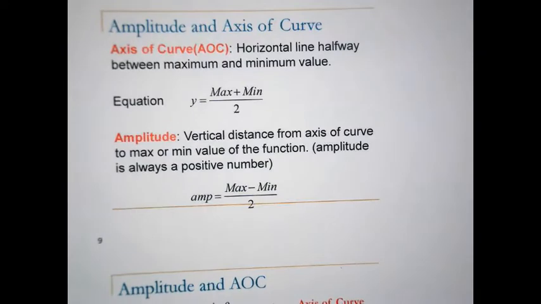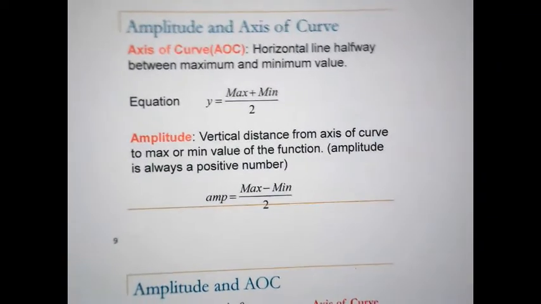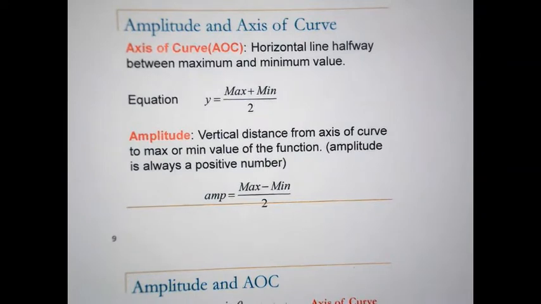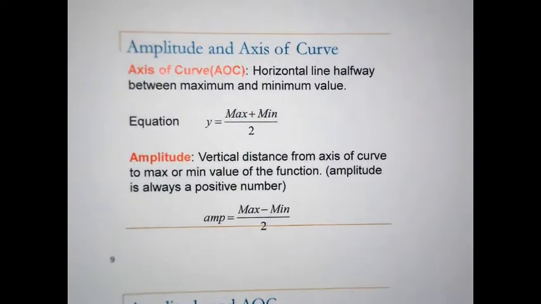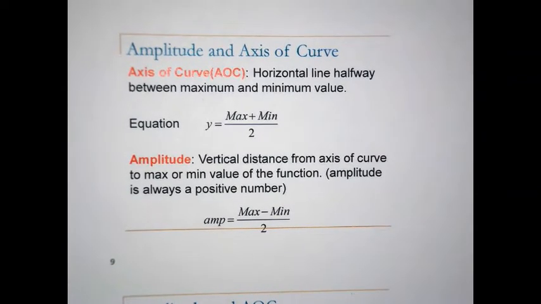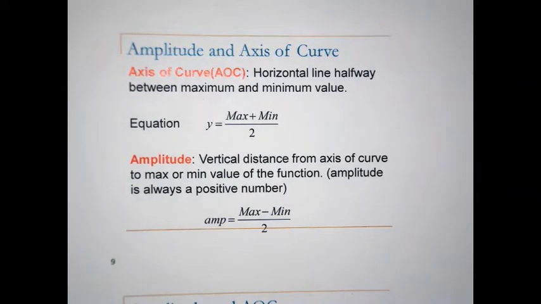Now we are going to introduce two more features of periodic functions. Those are called amplitude and axis of curve. Okay. So the axis of curve is a horizontal line halfway between the max and minimum value of a function.